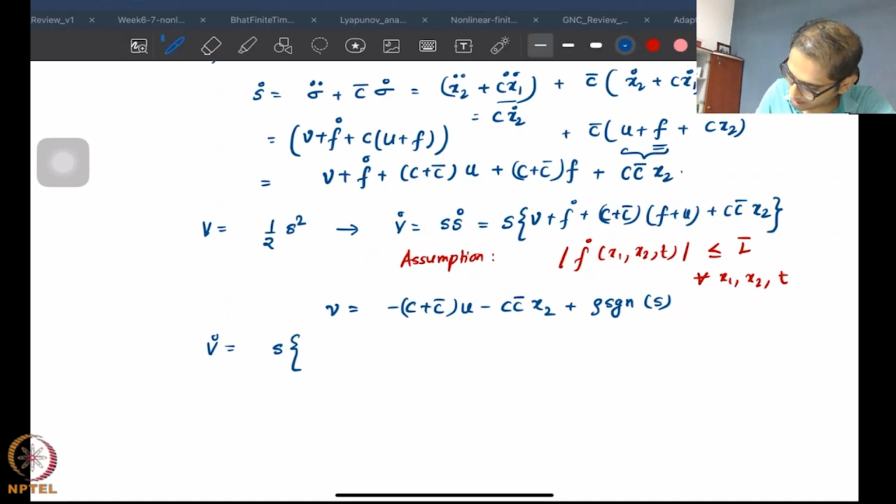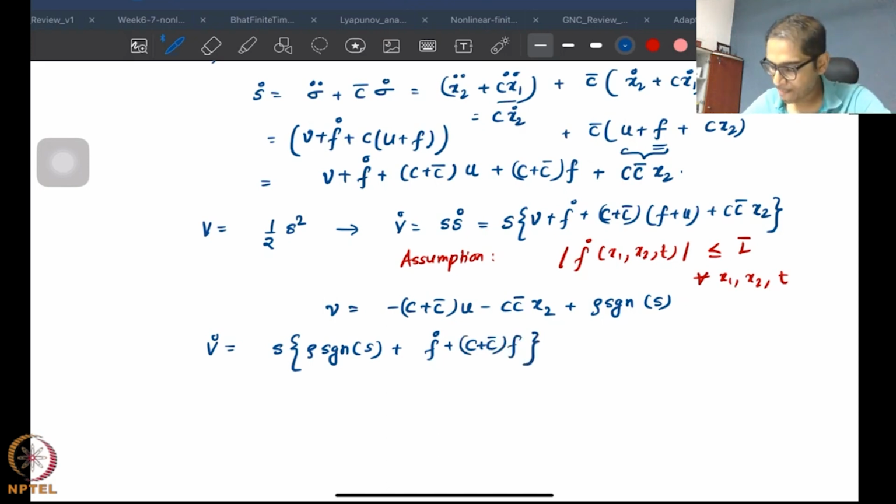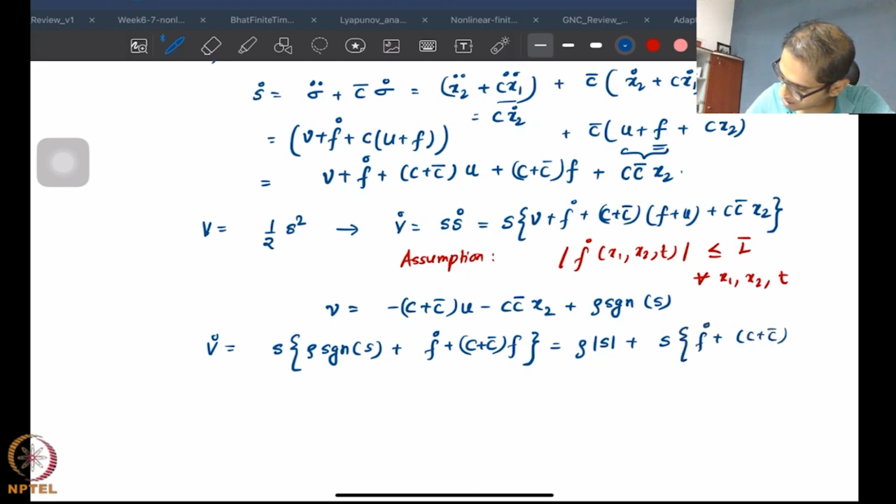So I will get rho signum s plus f dot plus c plus c bar f. s and signum s multiply to give me the absolute value of s. So this is exactly equal to rho absolute value of s plus s multiplied by f dot plus c bar f.